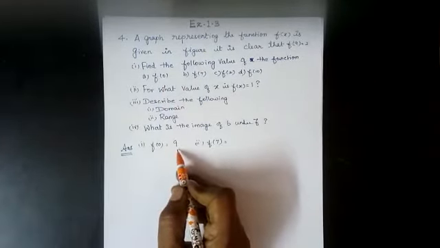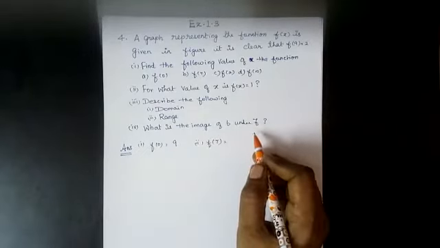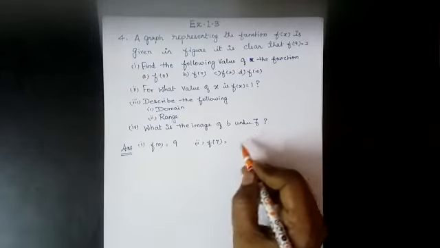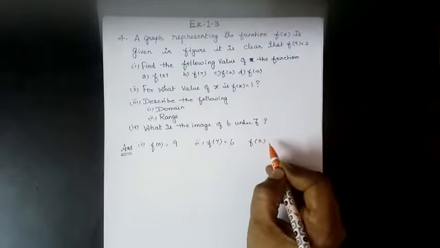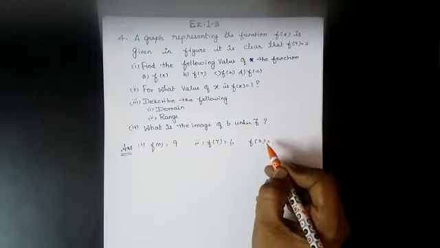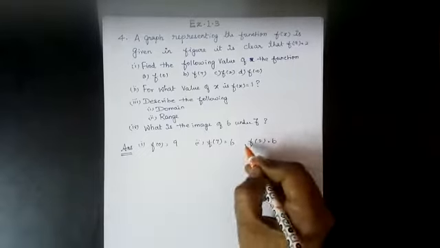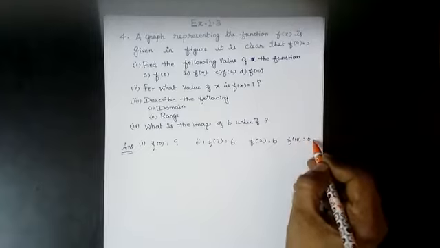You can see it from the graph, and f of 7 is 6, and f of 2 is also 6, and f of 10 is 0.